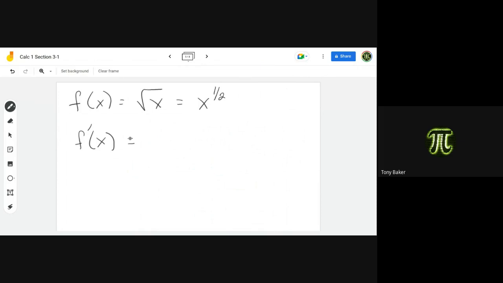So now what's my derivative of it? The rule still applies. So where's that 1/2 going? Right in front. And then I subtract 1 from that 1/2, and I get what? Negative 1/2. So then this problem becomes 1 over 2 square root of x.